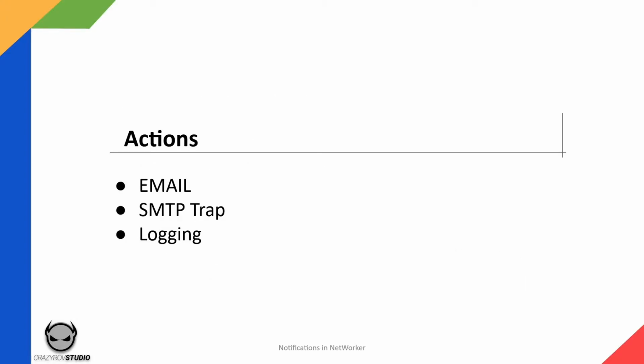So Networker provides you with different ways in which we can consume these notifications. The options that we have are logging, wherein the events along with the details are generated and sent to a log file. There is email notification, wherein the notifications and the content of the events are delivered to our email inbox.